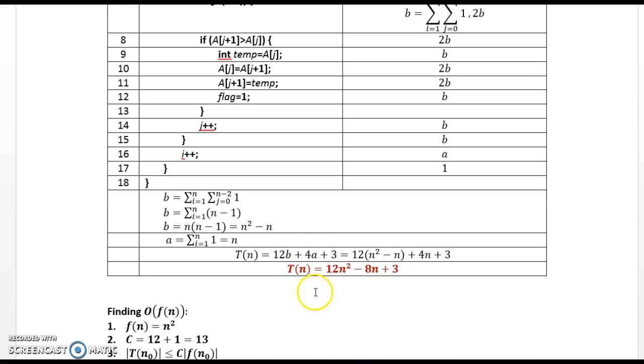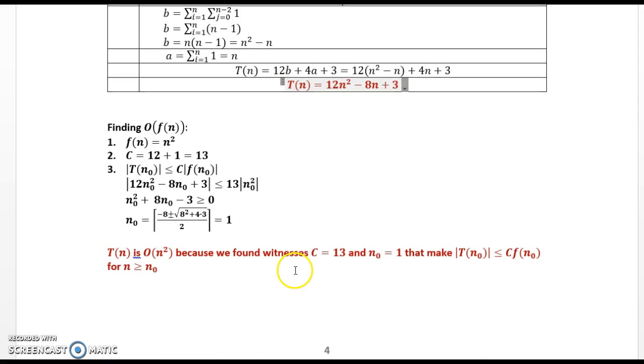To do this, we find a T of n that's n squared, which we know to be true because if the smallest item is at the end, it may take n passes through the list to acquire it, and each pass has n iterations.